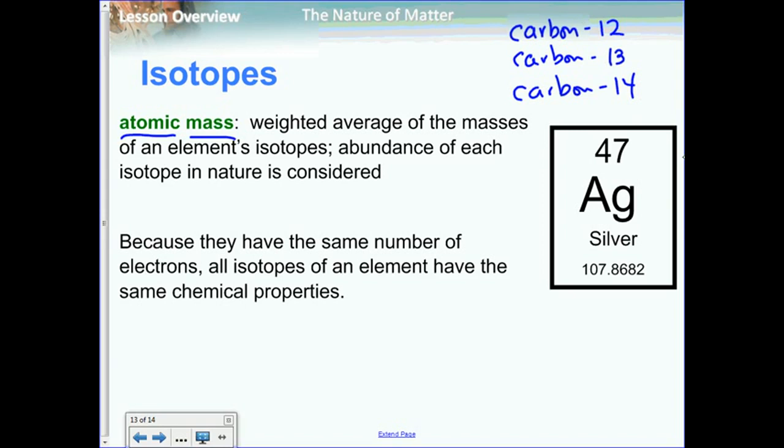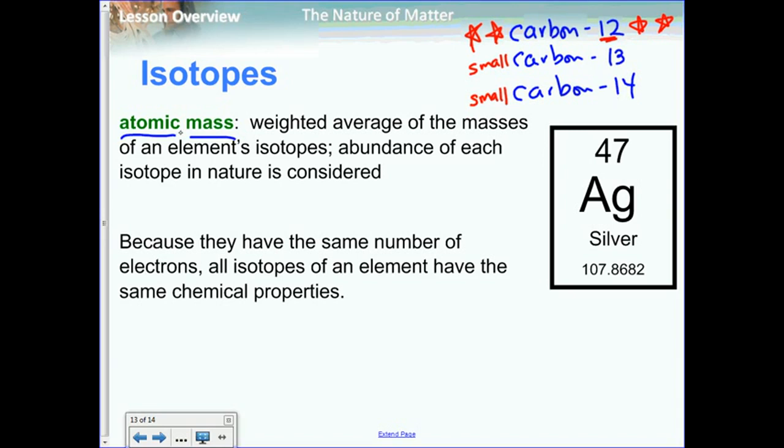However, when we take into account how frequently each of the isotopes occurs, carbon 12 is much more abundant than anything else. So we have a small amount of 13 and a small amount of carbon 14. So the chances are that if I picked up an atom of carbon, it would probably have a mass closest to carbon 12, and it's not likely that I would grab one of these because there are very small amounts of these.